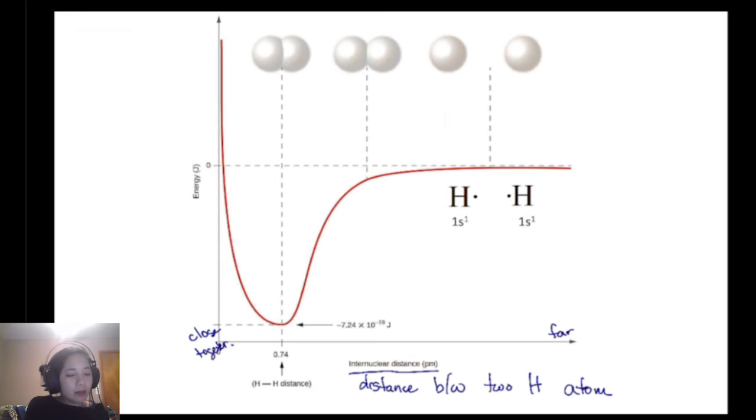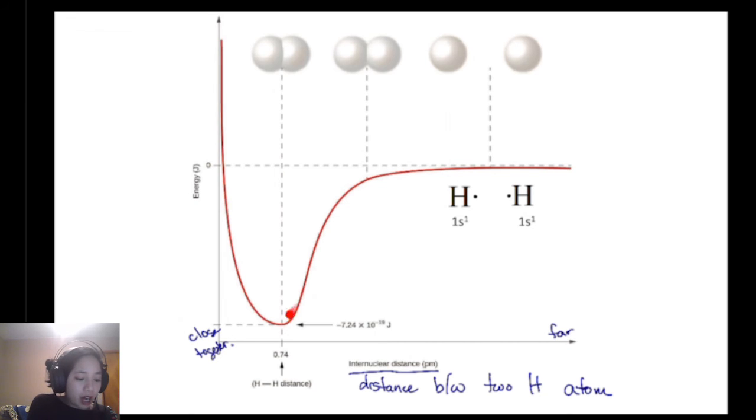But see what happens as we bring those two atoms together. Once it gets to a certain point, now we're actually stabilizing the system when those two atoms start to share electrons. What's happening is that those electrons are fulfilling each hydrogen's octet. So there's this stabilization that occurs.